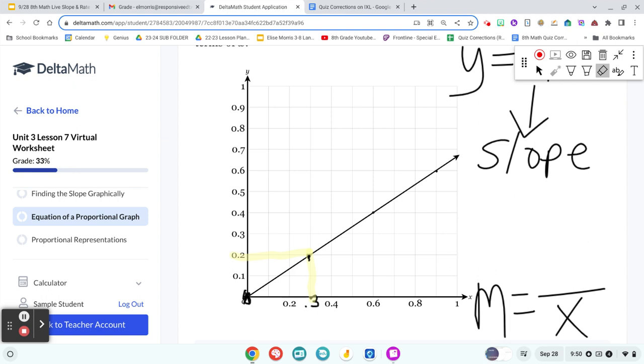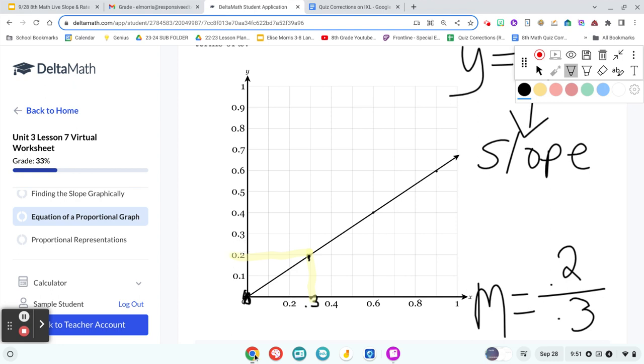Shortcut is nice. I'm going to put the y, 0.2, over the x, 0.3. So it's the change in y over the change in x. But when you have a 0, 0 and you're subtracting nothing, there is no change, so you just get to put the y over the x.